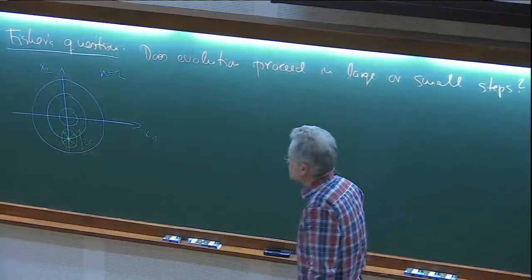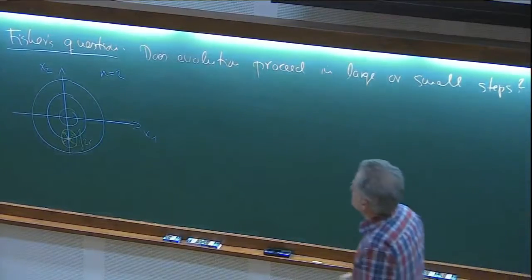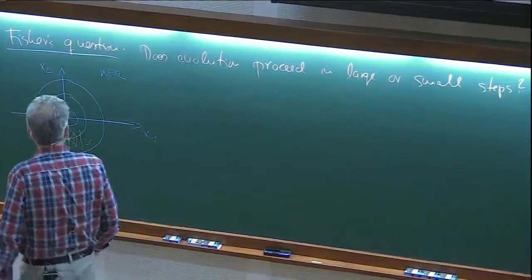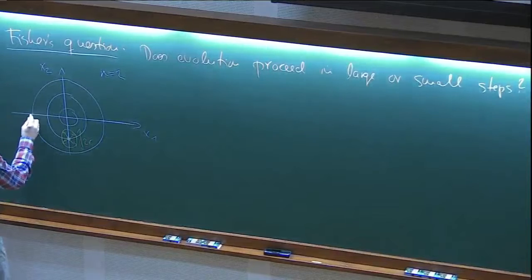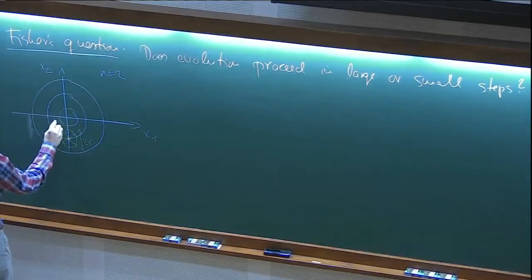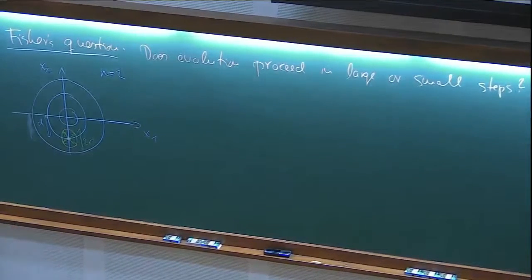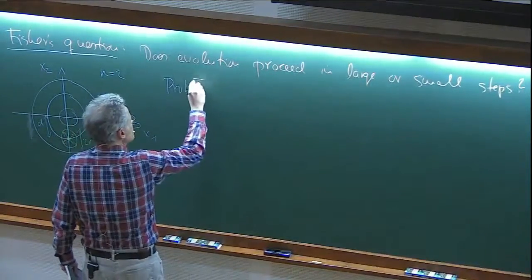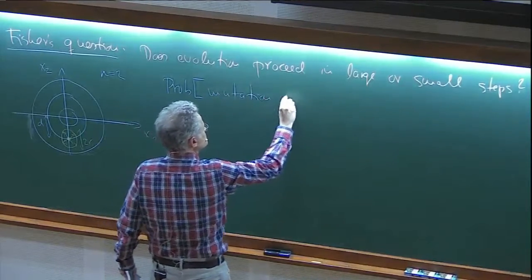The question is, what is the probability that one of these mutations is beneficial, as a function of this degree of maladaptation? Let's say this is the distance of my phenotype from the optimum initially, this distance here, let me call it d. So what is the probability that a mutation is beneficial?